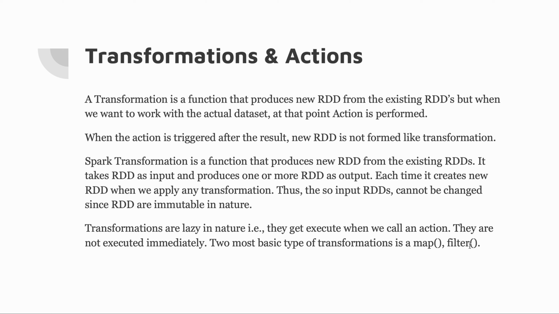We need not worry about remembering each and every available function. We just need to understand the very basic and most frequently used transformations and actions to get started with writing production-grade Spark applications. The rest we can always research and learn on the fly based on a given business scenario. So let's stop the session here.